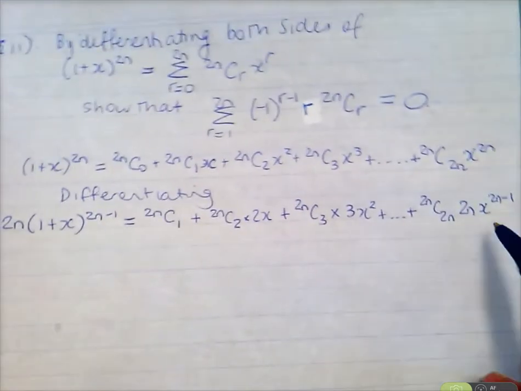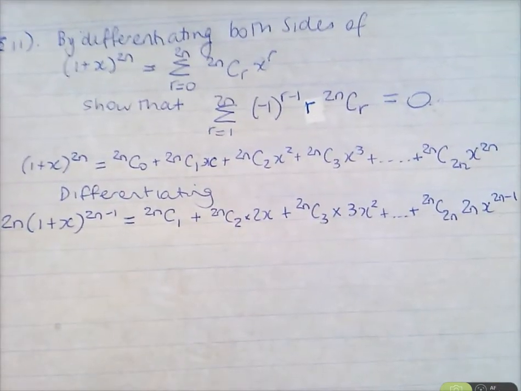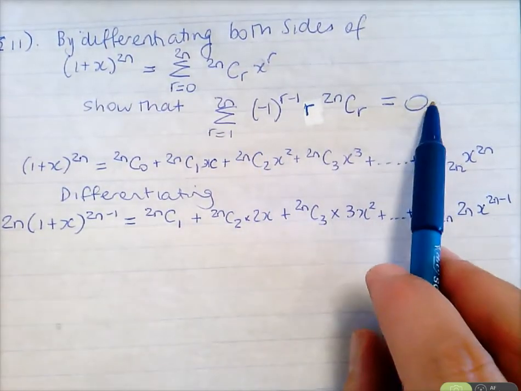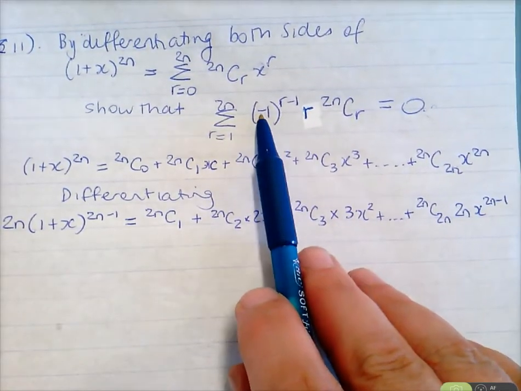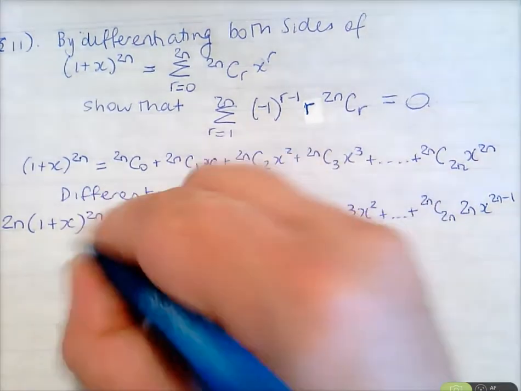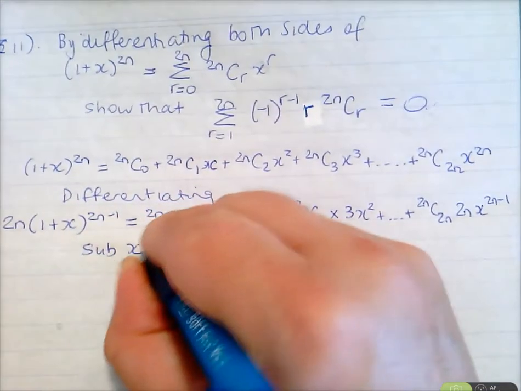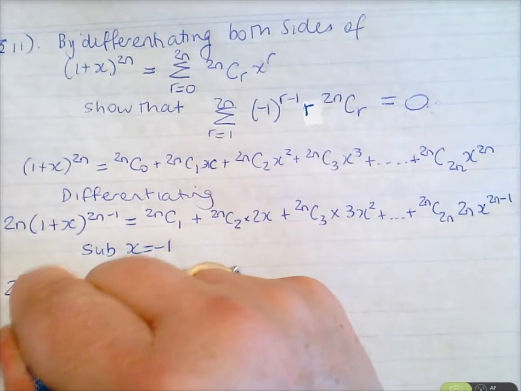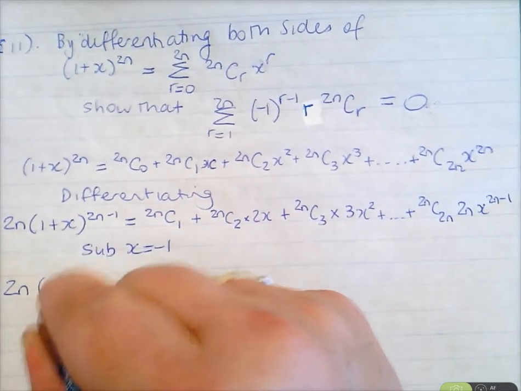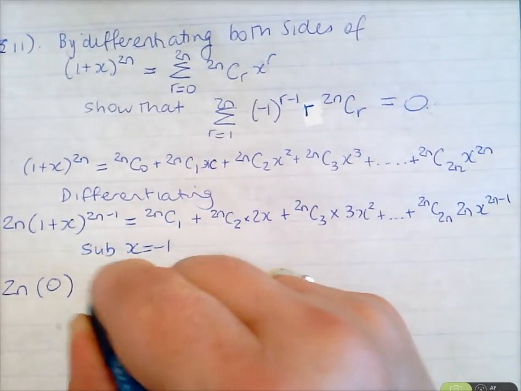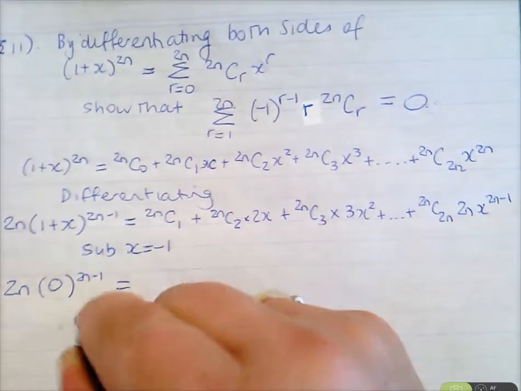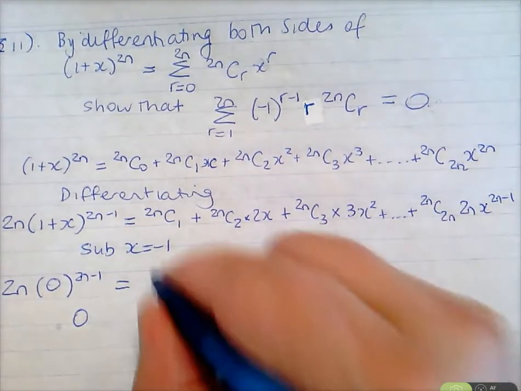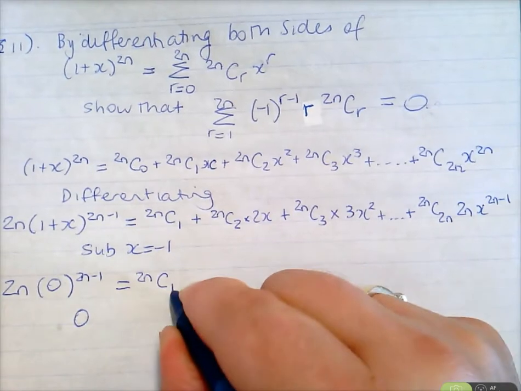Okay? Now, we look at what we're going for, and we need a 0, 1 on one side. It looks like there's been a substitution of -1. So we sub x is -1, and the 2n stays. 1 plus -1 is 0 to the power of 2n minus 1. It's just going to be 0. And we've got 2nc1.